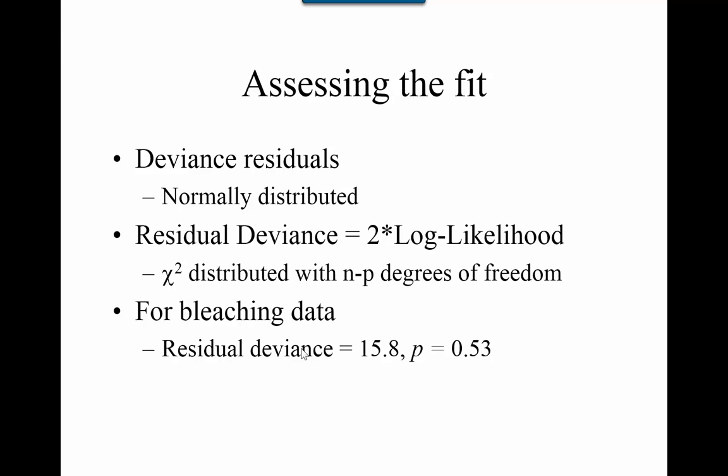There are 18 data points and 2 parameters, so we're looking at a chi-square distribution with 16 degrees of freedom. And it turns out that a value of 16 is just about halfway, right in the middle of that distribution. So about 0.47 or 0.53 is the probability that we would get a chi-square value of 15.8 or larger under a chi-square distribution with 16 degrees of freedom. So that means our fit is very consistent with a binomial distribution.